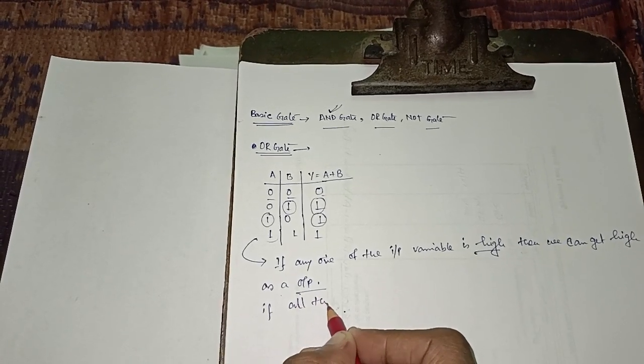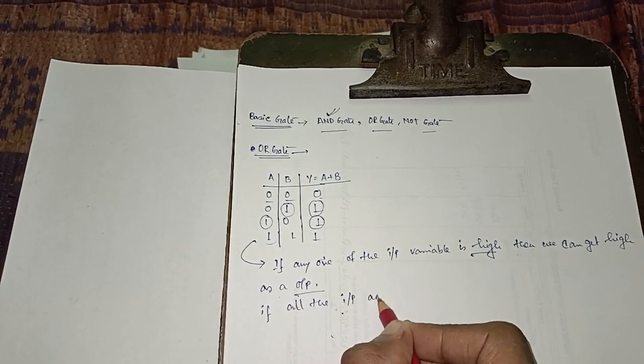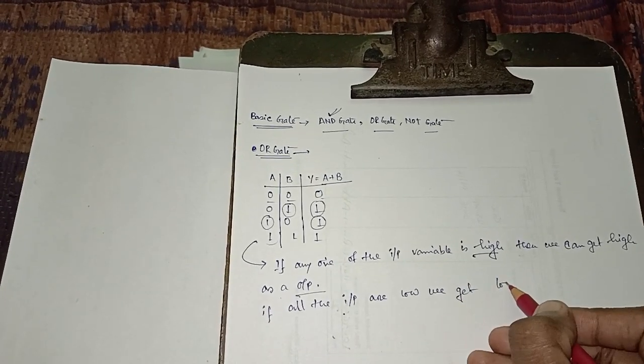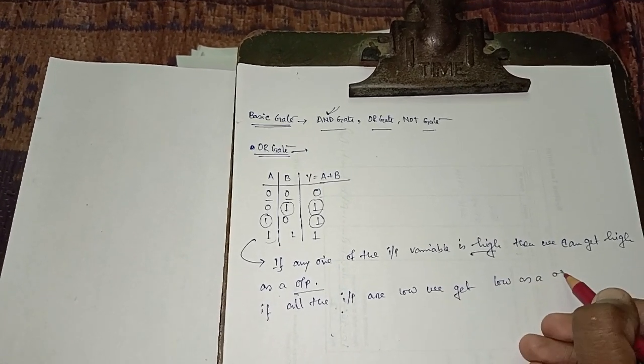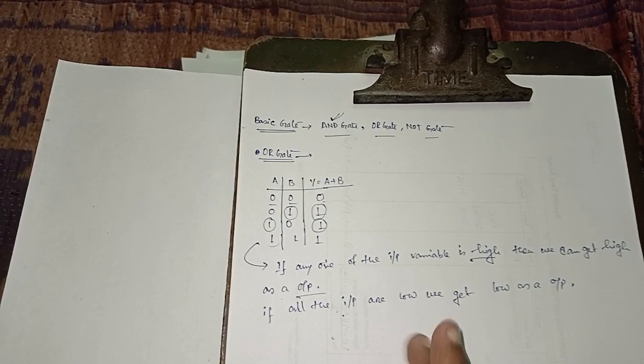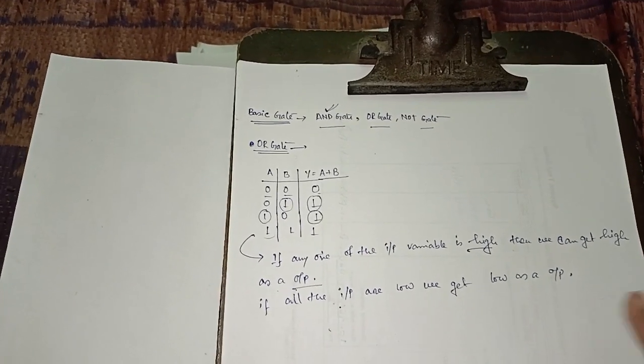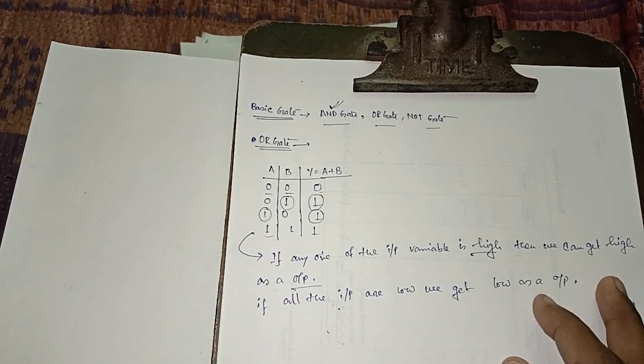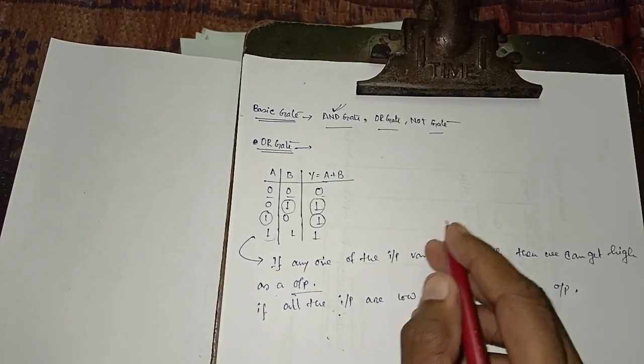If all the inputs are low, we get low as the output. We can note this down.